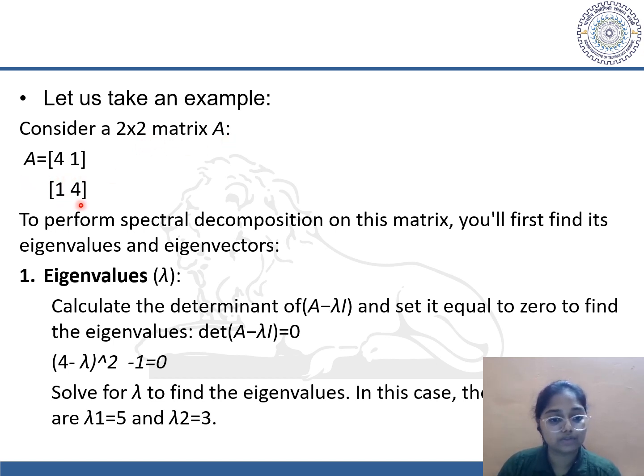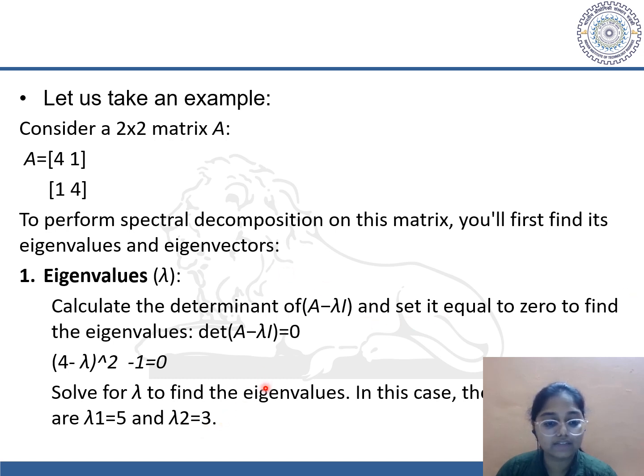And to see it working, I have taken a simple 2 cross 2 symmetric matrix A, which is given by 4 1 1 4. To perform spectral decomposition of the matrix, we'll first find its eigenvalues and eigenvectors, which is simply done by calculating the determinant of A minus lambda I, using the characteristic equation determinant of A minus lambda I equal to 0. Which gives the eigenvalues as lambda 1 equal to 5 and lambda 2 equal to 3.